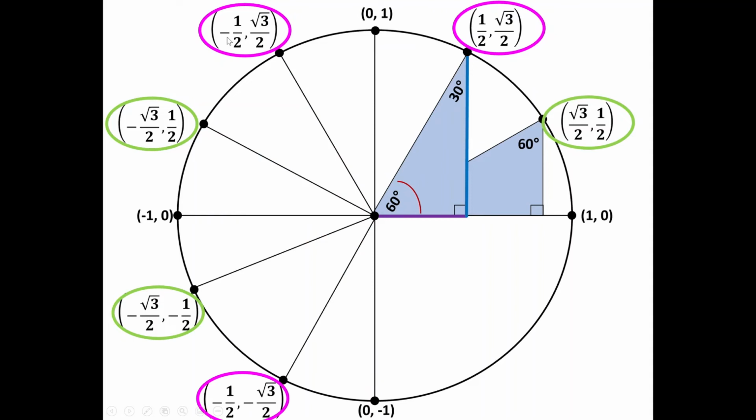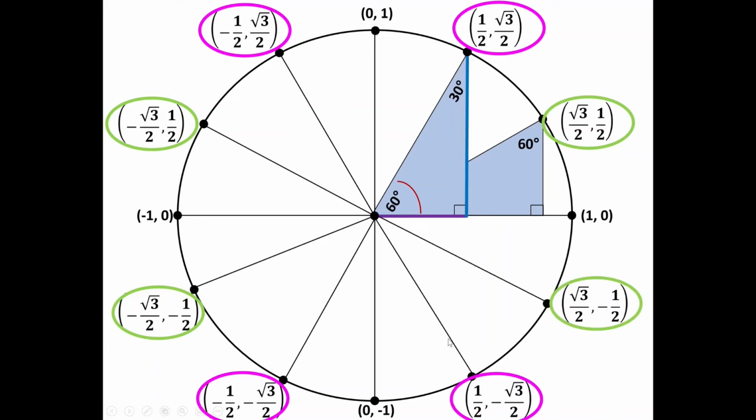And now if I didn't actually put this on the coordinate plane, but if I took those and reflected them down, you can see that if I added another 30 degrees here and another 30 degrees here, these ordered pairs are the same and these ordered pairs are the same. However, both the x and y values are negative in this third quadrant.